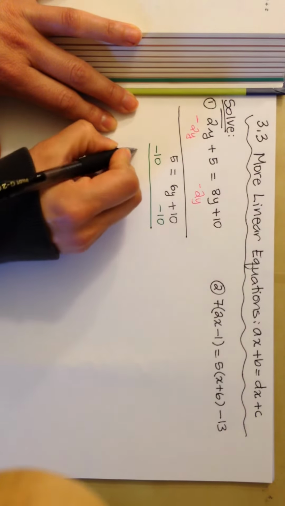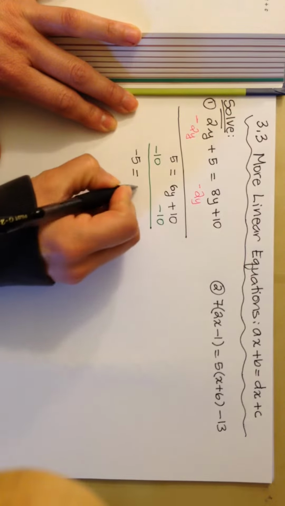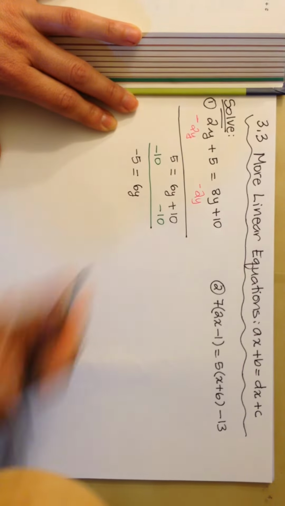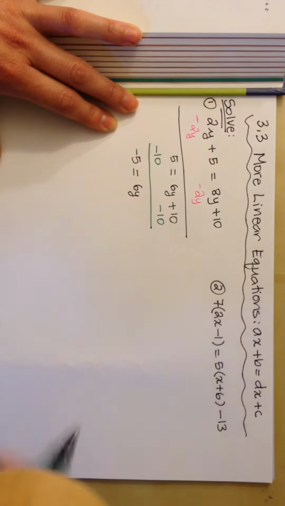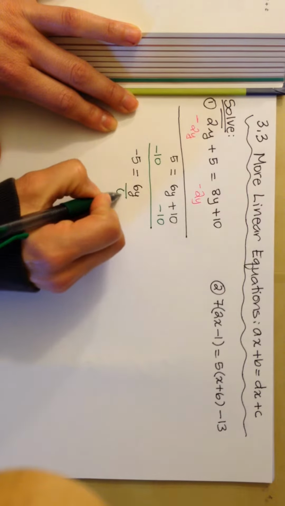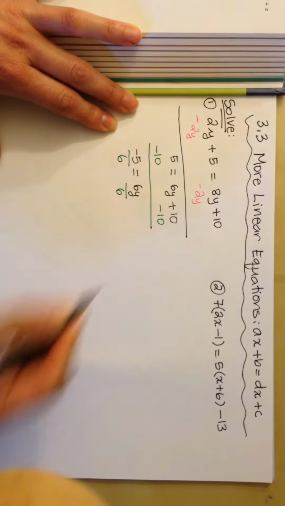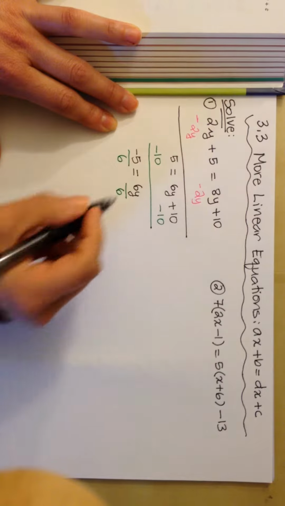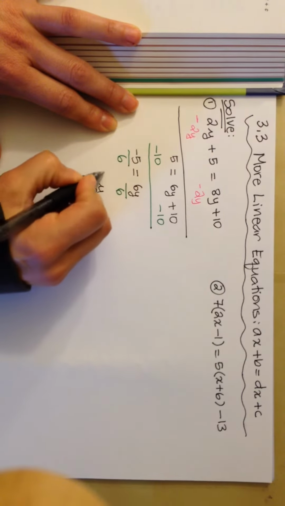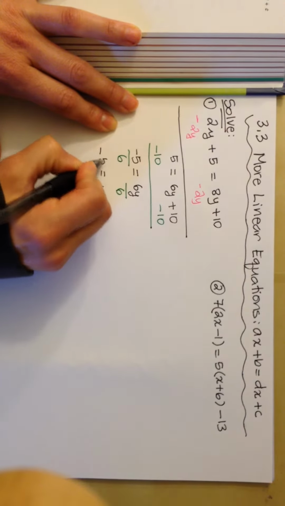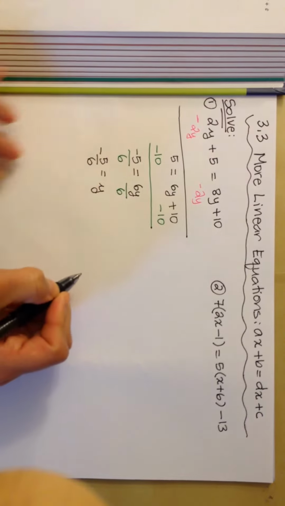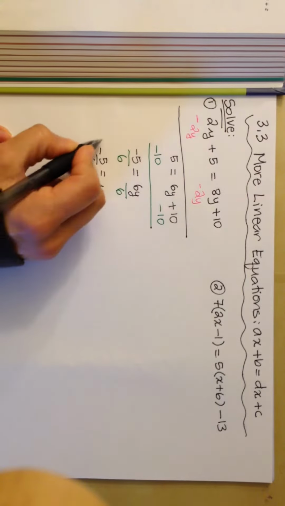And that's going to give us negative 5 equal to 6y. And of course, from here, we divide both sides by 6 and we isolate our variable. We have y equal to negative 5 over 6. And that's our final solution.